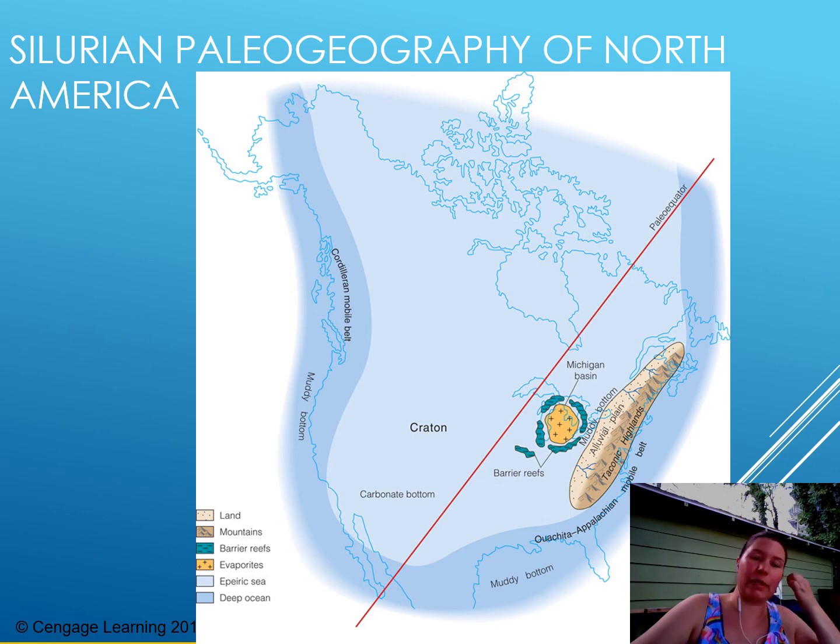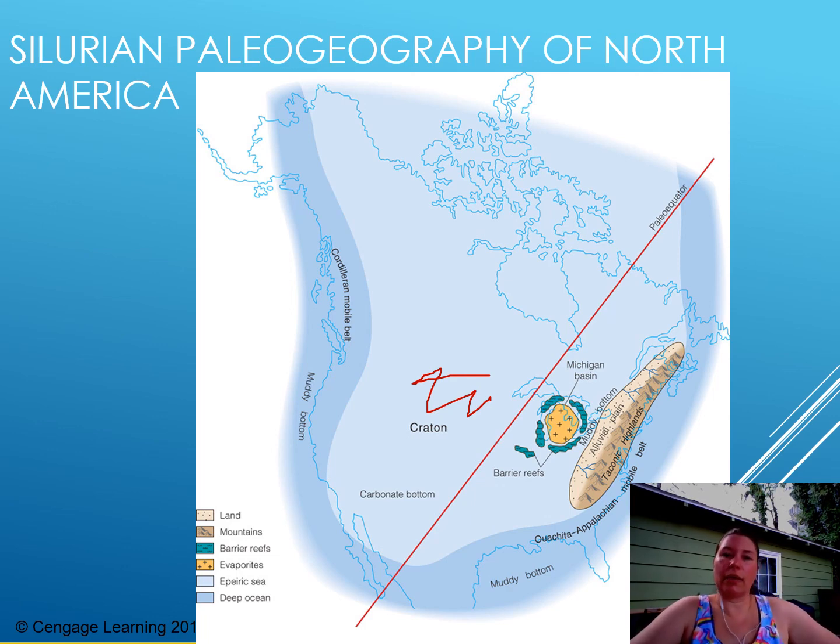So this is now forming the Michigan Basin, as we have this lagoon between the open ocean, which is the rest of North America, and the land, which is the Appalachians. This periodic sea level rise and then complete evaporation of the lagoon, sea level rise, evaporation, and so on, is creating a lot of salt, which ends up being some economically important rocks of Michigan and the other areas of the Great Lakes.